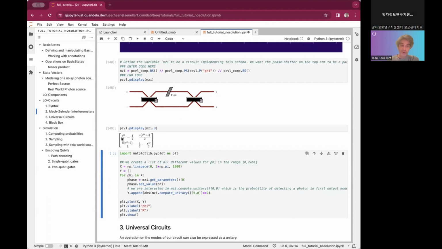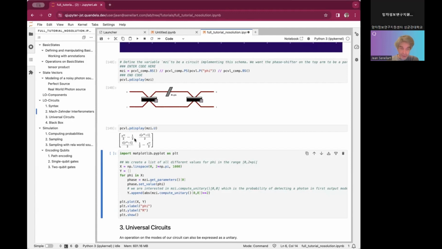The permanent of the unitary, where we take the first column because the photon arrives on the first mode, and the first row because we are looking for the first mode output.